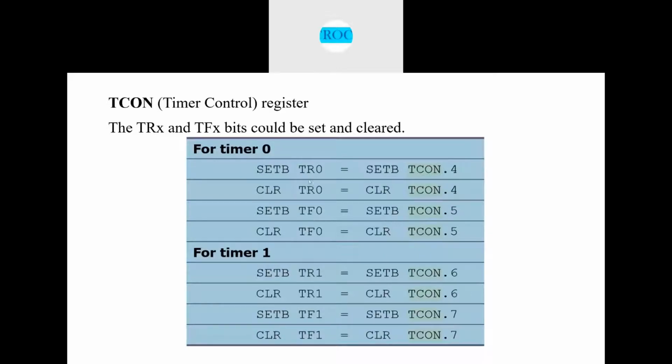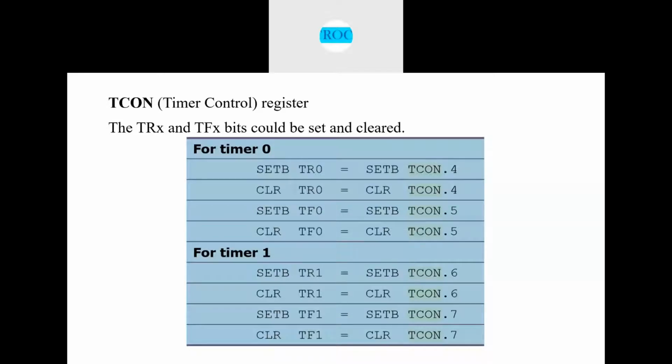Which timer? Timer 0, because it is TR0. CLR TR0 means you are setting the value of the TR bit to 0, which means you are stopping timer 0.